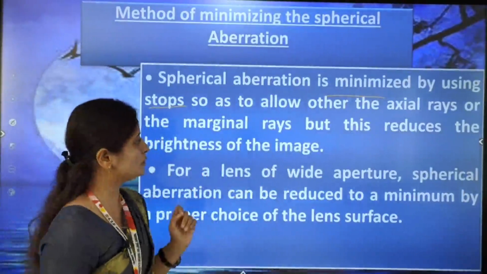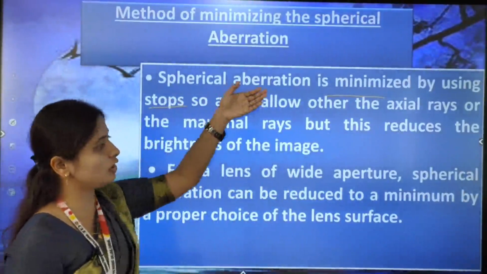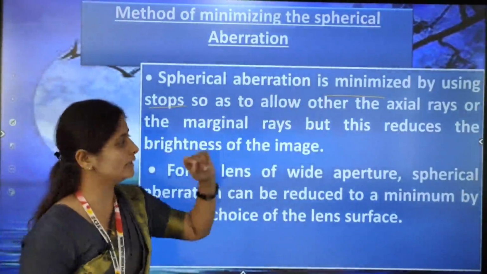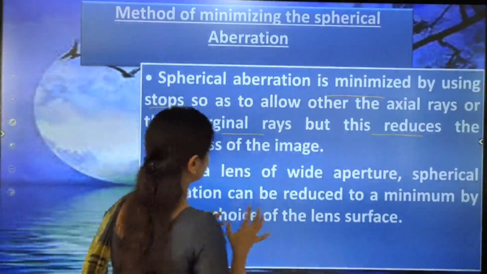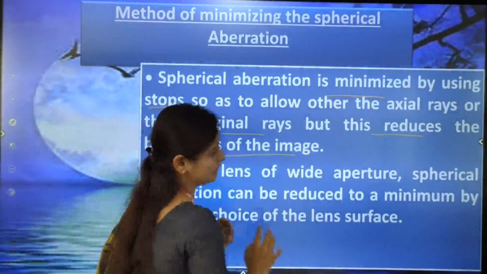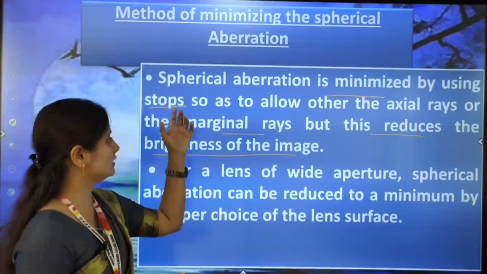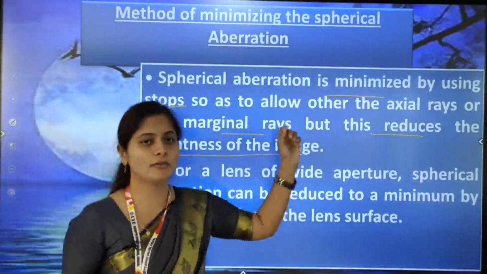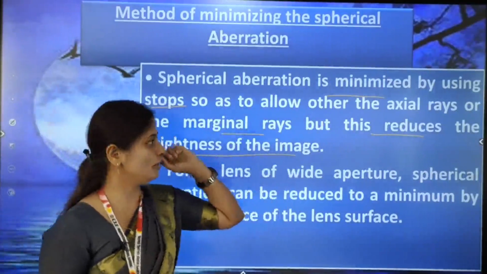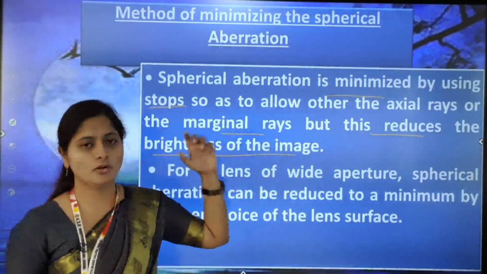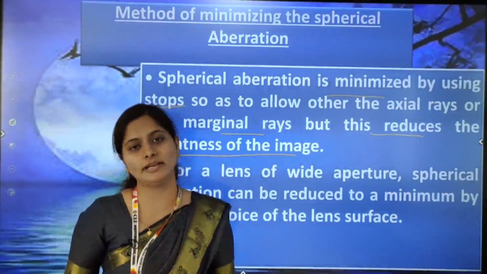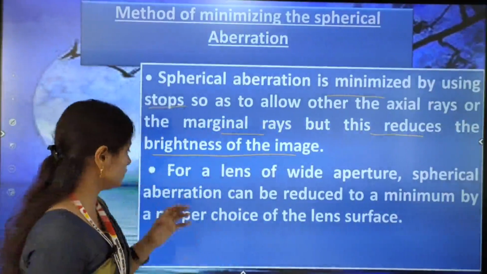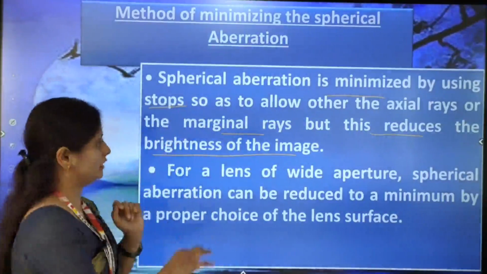By using the stops, we allow only the axial rays and cut off the marginal rays, but that reduces the brightness of the image. If we use stops to block the marginal rays, we reduce the brightness of that image. Okay, this is the first point.